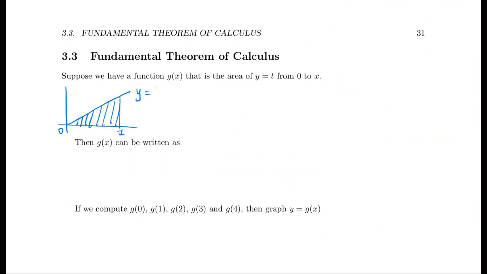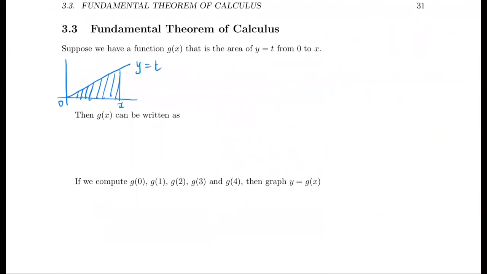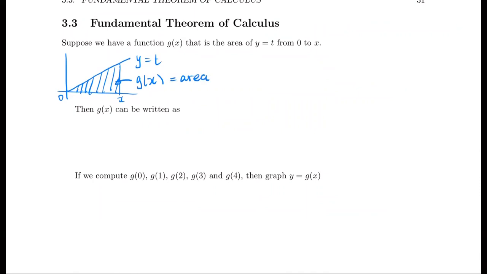This is y equals t. So the g of x here actually represents our area. Then that means g of x can be written as the integral from 0 to x of f of t dt.